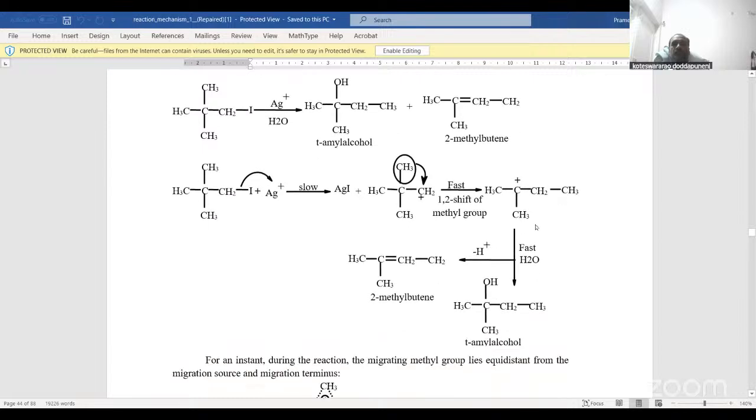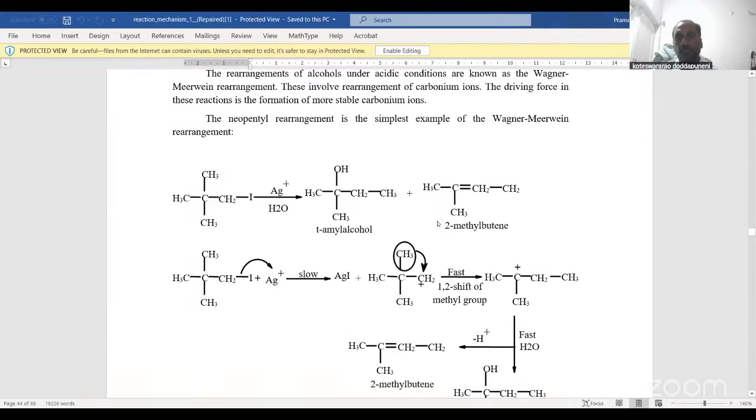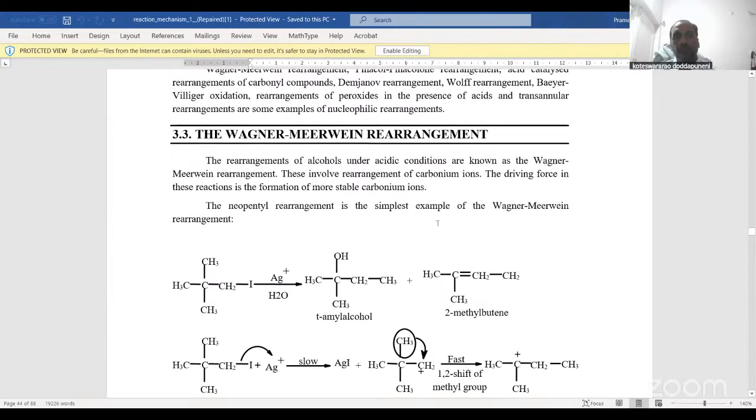Then the stable carbocation reacts with water to form alcohol, or it undergoes elimination of an H plus ion from the molecule, forming the olefin 2-methylbutene, and tertiary amyl alcohol is generally generated. This neopentyl rearrangement is the simplest example of Wagner-Meerwein rearrangement.